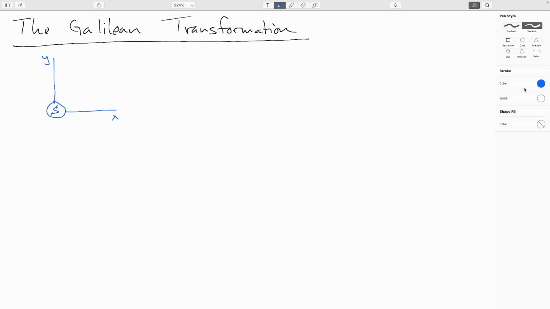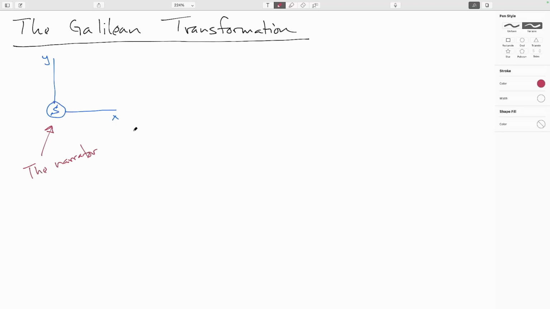Now, by convention in relativity problems, the names of the inertial observers are S and S prime. And S is the inertial observer that the narrator in the problem will say is stationary.